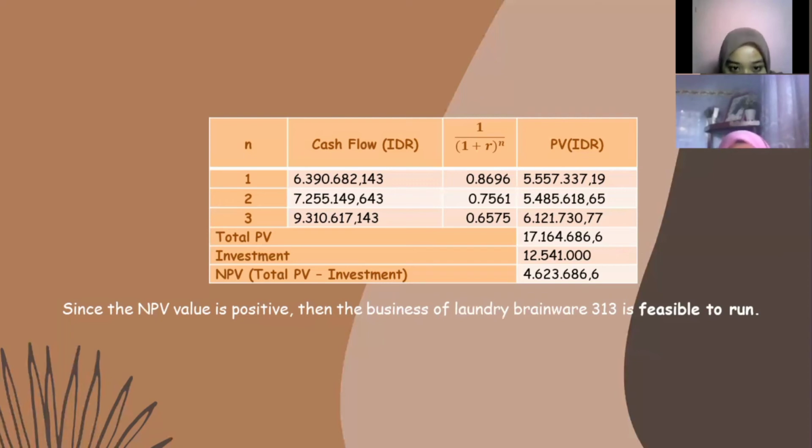So we get the net present value from the total PV minus investment is 4,623,686,6. Since the net present value is positive, the business of laundry brainware 313 is feasible to run.